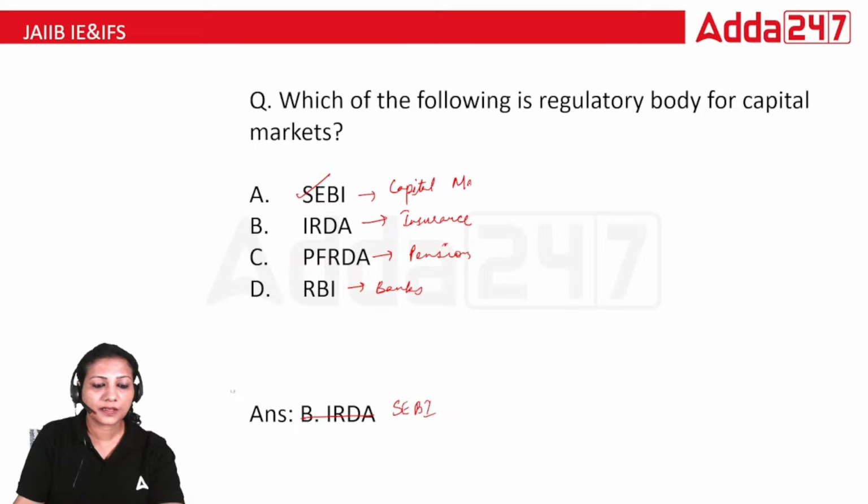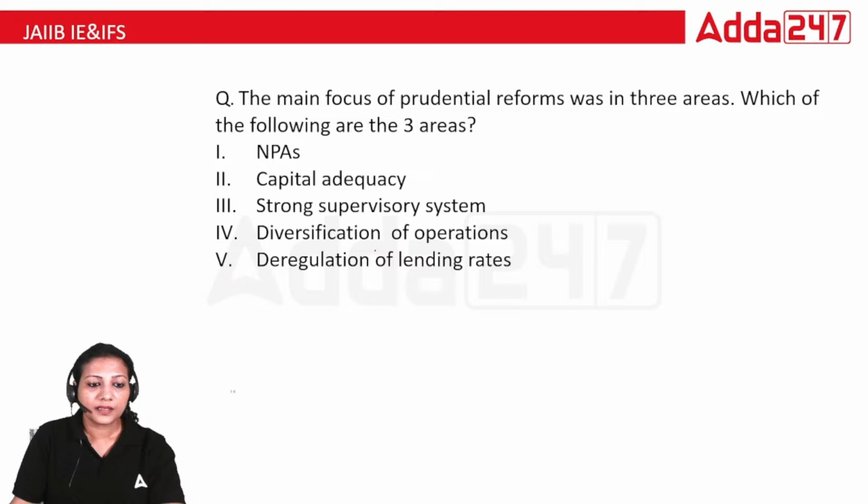The main focus of prudential norms was in three areas. Which of the following are the three areas? NPAs, capital adequacy, strong supervisory system, diversification of operations, or deregulation of lending rates.